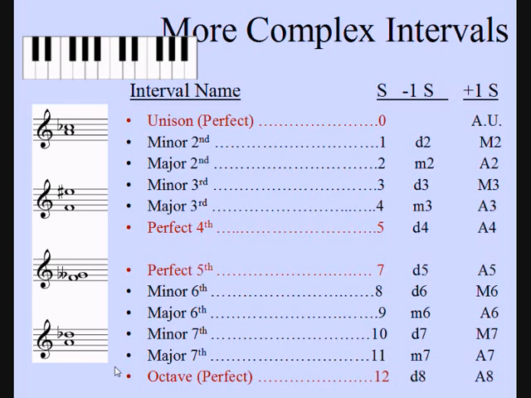Finally, let's look at this one here. From the staff point of view, to discover the number of an interval, we count 1, 2, 3, 4. We know this is a fourth. Now, once again, it might not sound like a fourth.